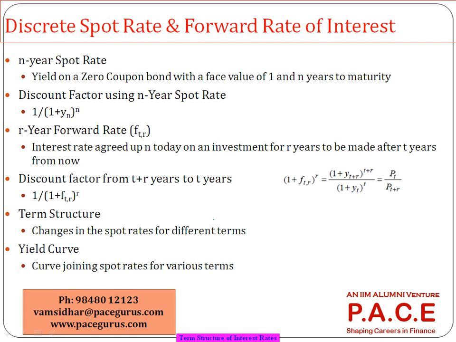On the same lines, whenever we talk about the spot rate, the other way of talking about it is, if I deposit my money for a 2-year period, what is the annual interest rate that I'm going to get? Deposit for 3 years, what is the annual interest rate? Deposit for 5 years, what is the annual interest rate?